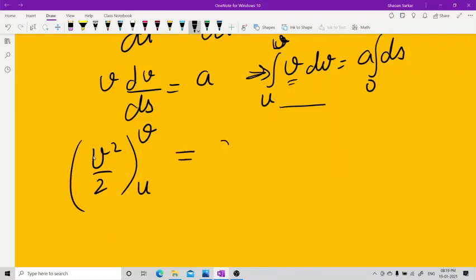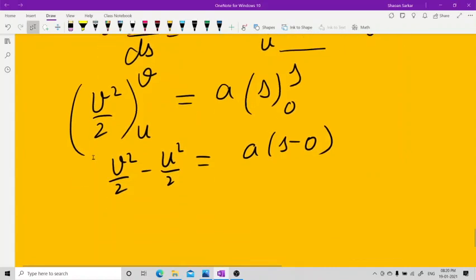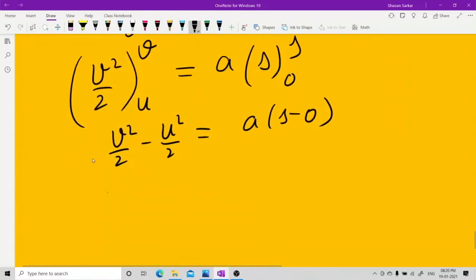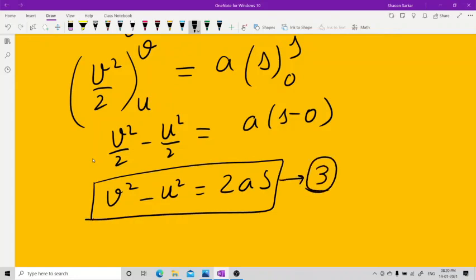Now this is a ds, so this is now s, and you have 0 to s. Then you put the upper limit: v square by 2 minus u square by 2, equals a times s minus 0. Now you have v square minus u square equal to 2as. This is your third equation. Now you all know how to get the three equations.